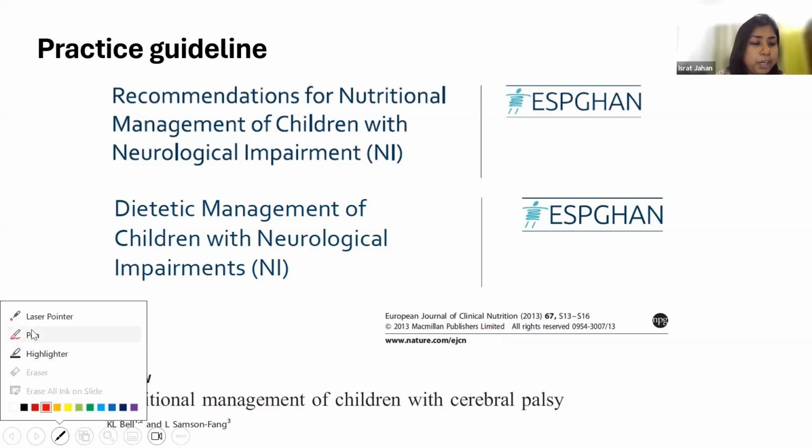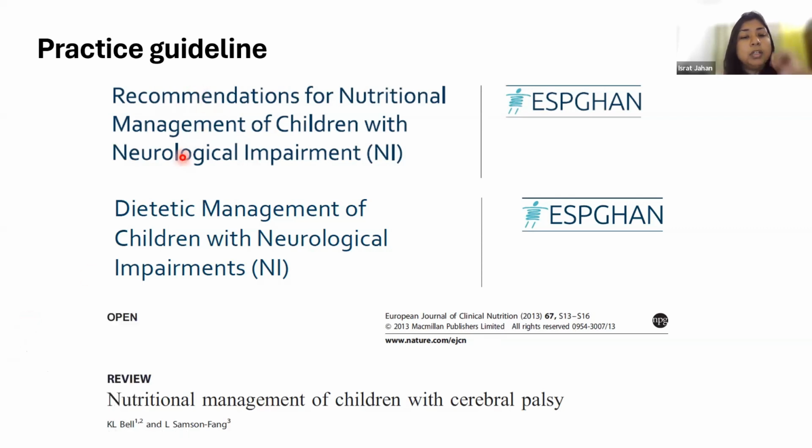Let me just get a pointer maybe. Yeah, the first one actually talks about the overall requirements, how to manage in terms of requirements, and what clinical diseases and other needs to be reviewed when planning a dietary intake or nutritional management plan for a child with CP.